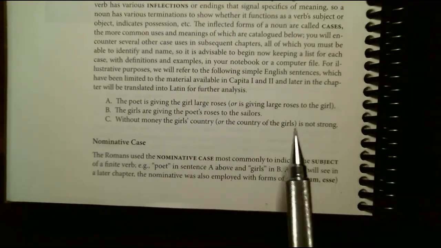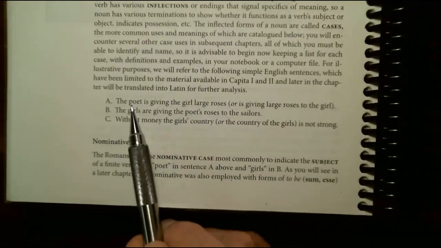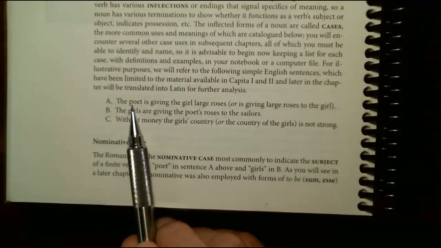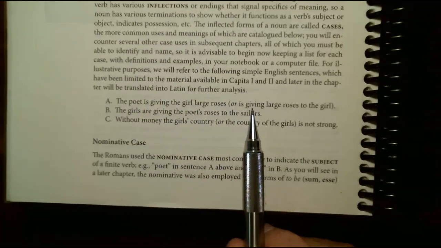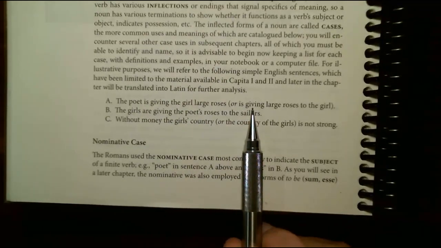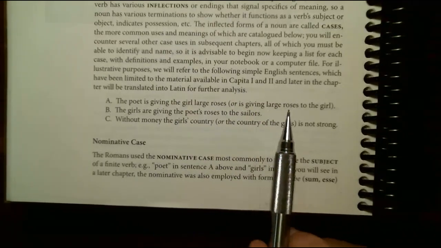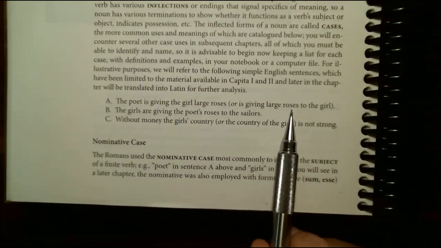Okay. So in English, the poet is first because he is the subject. And we know he's the subject because he is first, right? After the subject comes the verb, the action that the subject is doing. So the action starts with the subject, and then it's going to land on the direct object. In this case, what is being given? It's the large roses.